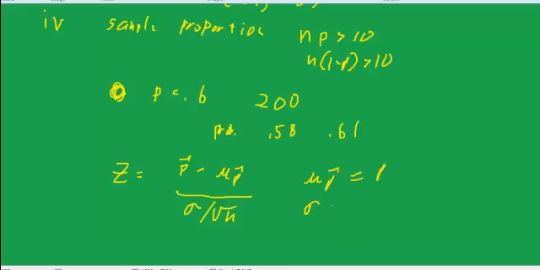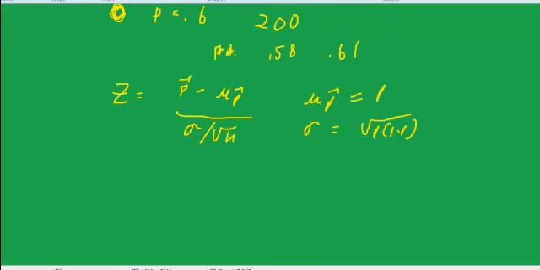And in these chapters we're pretending that we know what the true p is, so sigma is equal to square root of p times 1 minus p. So when you shorten this up, you get z is equal to p hat, that's the sample proportion, minus p, all over square root of p times 1 minus p over n.